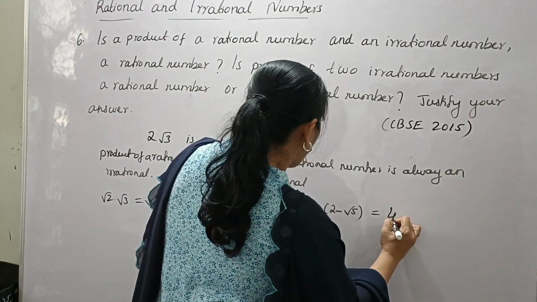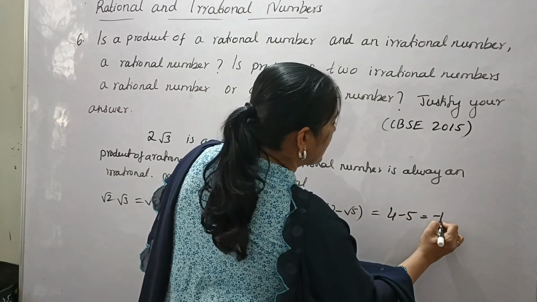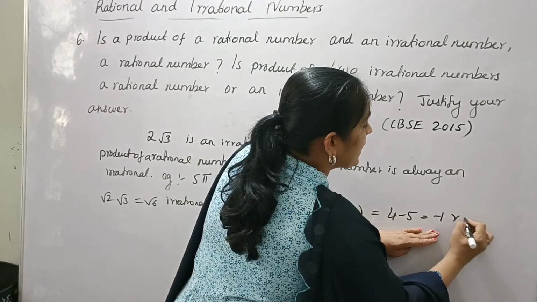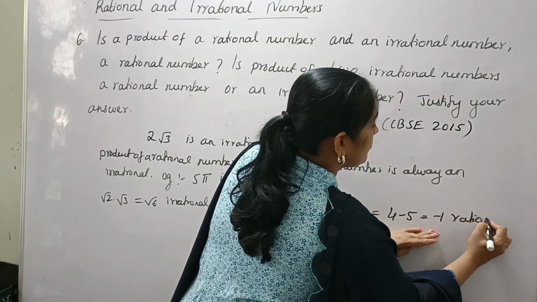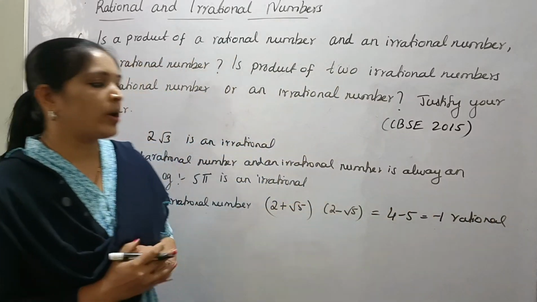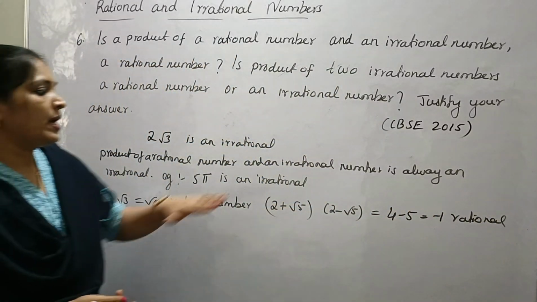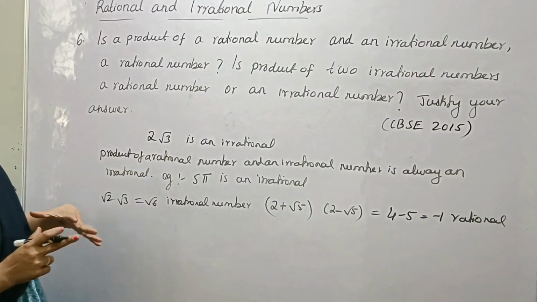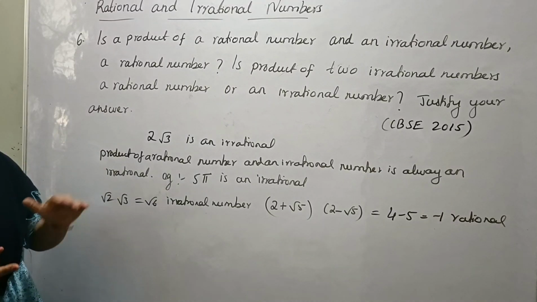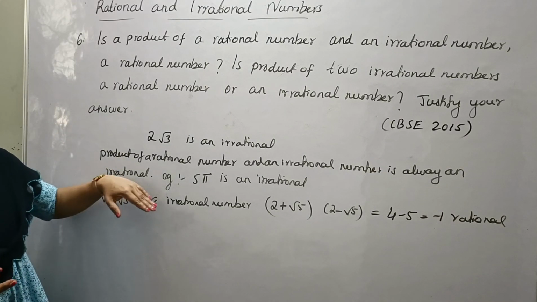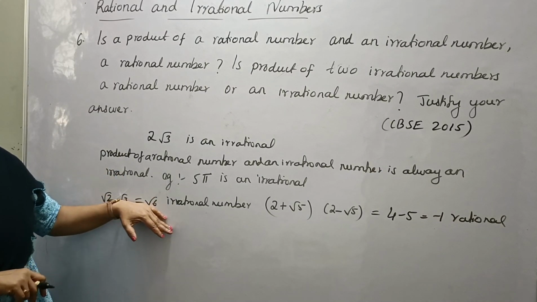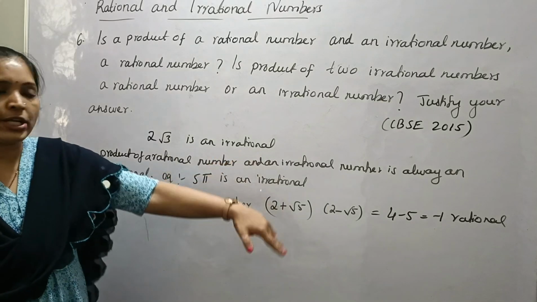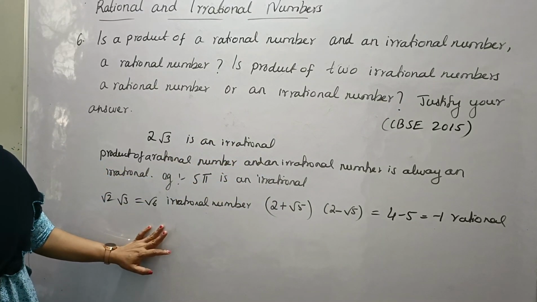So here 4 minus 5, that is minus 1, is a rational number. Therefore, the product of two irrational numbers is either rational or irrational. Okay?